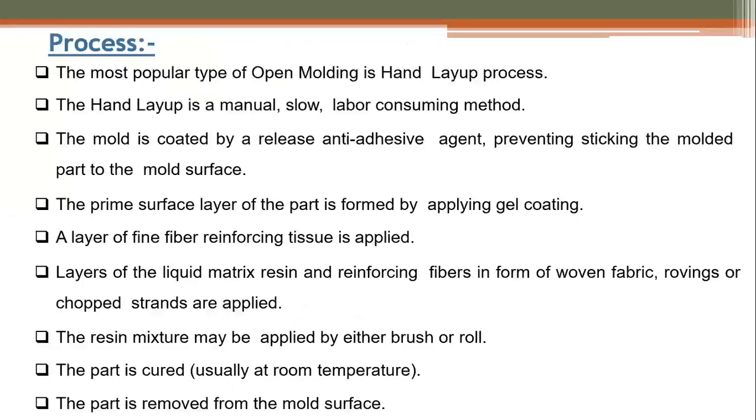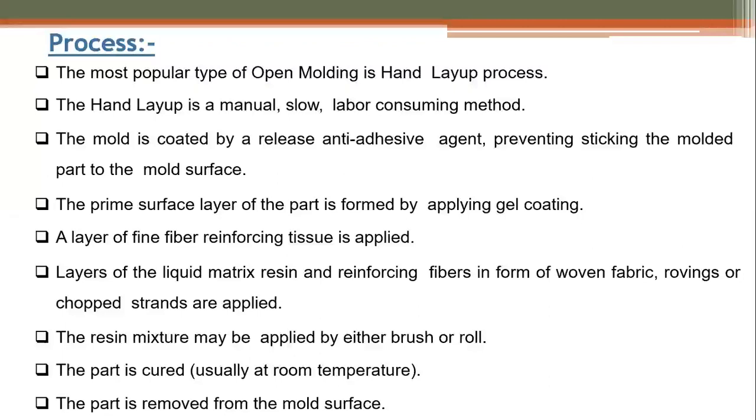The process is an open molding process, and it is a manual, slow and labor consuming method. The most popular type of open molding is called the hand layup process.